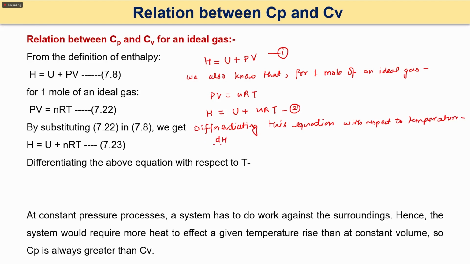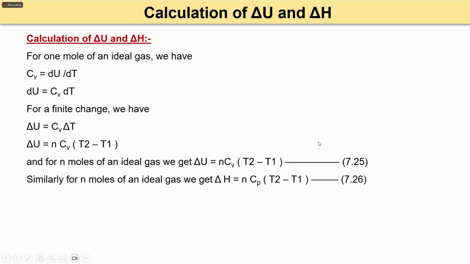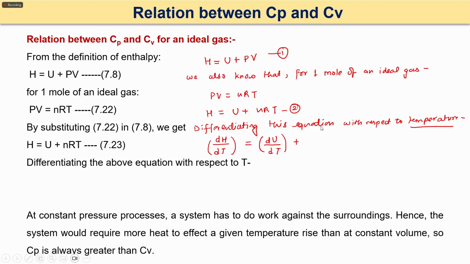dH by dT equals dU by dT plus d by dT of nRT.